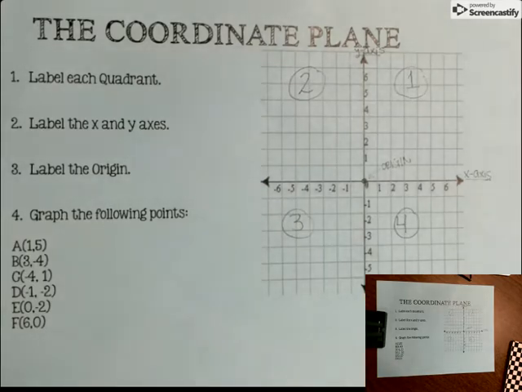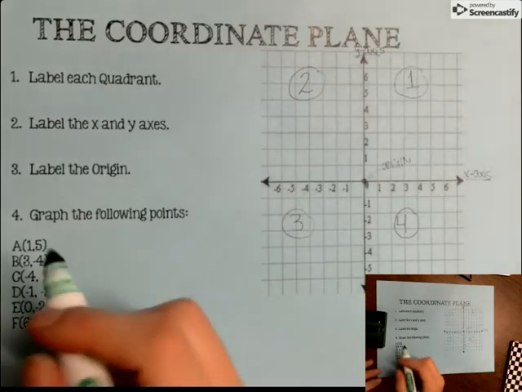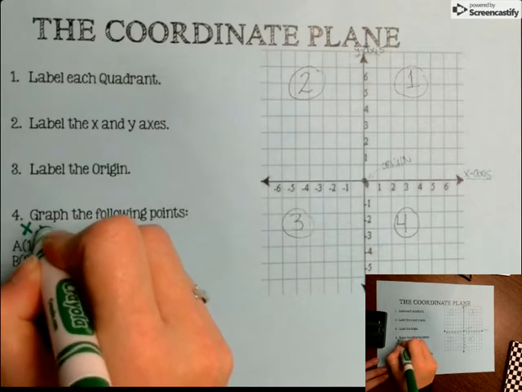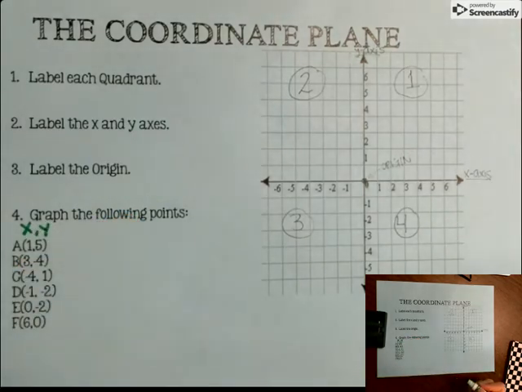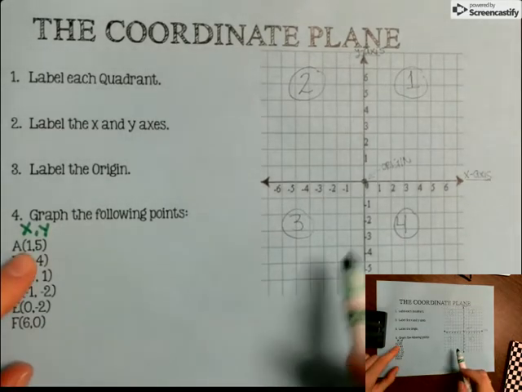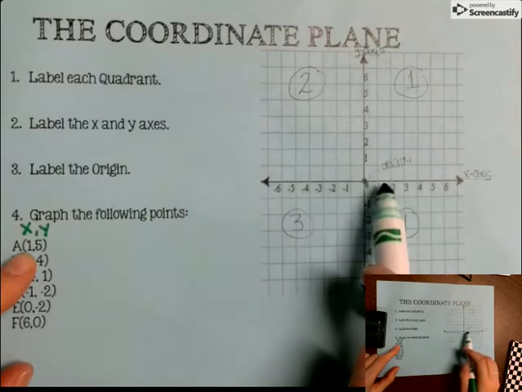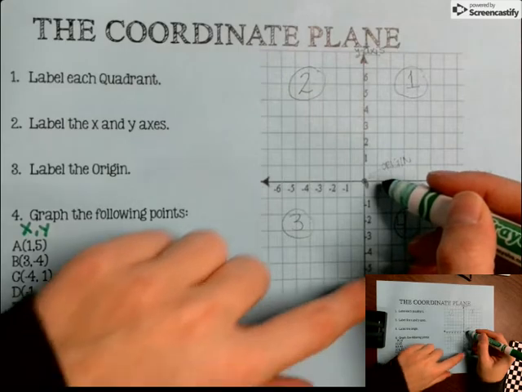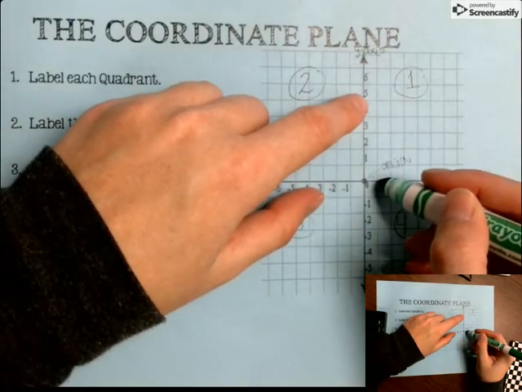Now we are going to plot some points. So A is at 1, 5. So the first number is x. The second number is y. So I find 1 over here. I find 5 up here.